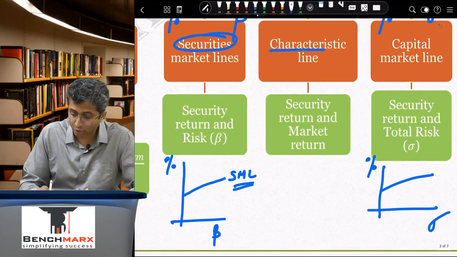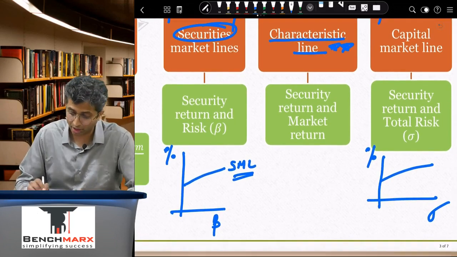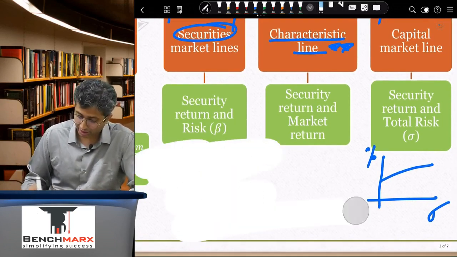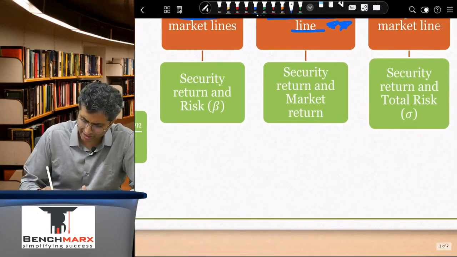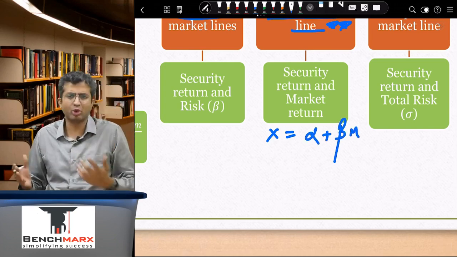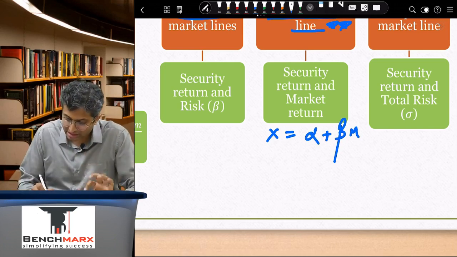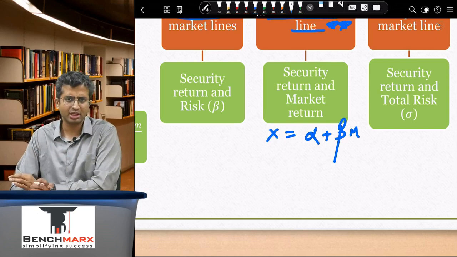Acha, then you have something called as characteristic line. This is important from an exam perspective, not for graphs, but for the equations and the formula. Characteristic line at the end of the day is the equation of a line only, that is x equals alpha plus beta m. There is a derivation for that, but I'm not going into a derivation at this point. This is the equation of line that you must have studied in school, that is x is equal to a plus b y.